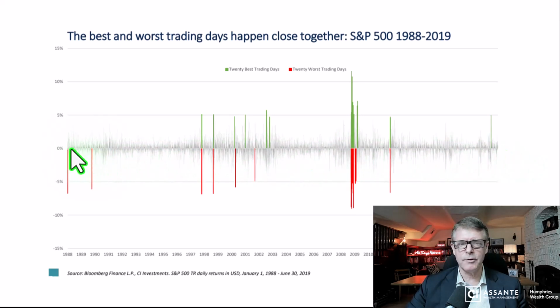Doesn't seem like there's any sort of positive movement either way. Lots of gains, lots of losses. Now, the reality is, on a net overall growth basis, the market was up over this time period. So the cumulative growth certainly was there, very good growth. But day to day, it wasn't obvious. And the other problem is the 20 best days in green and the 20 worst days in red are smacked up against each other.